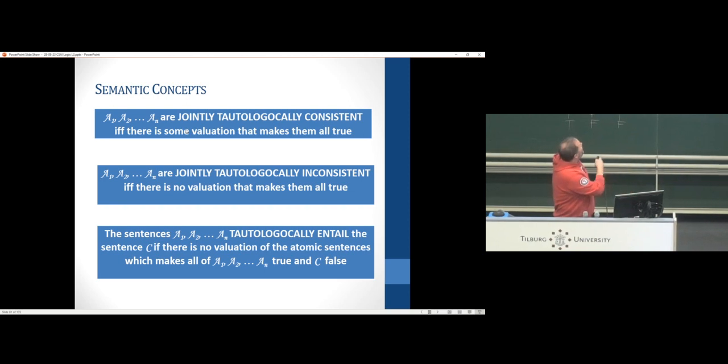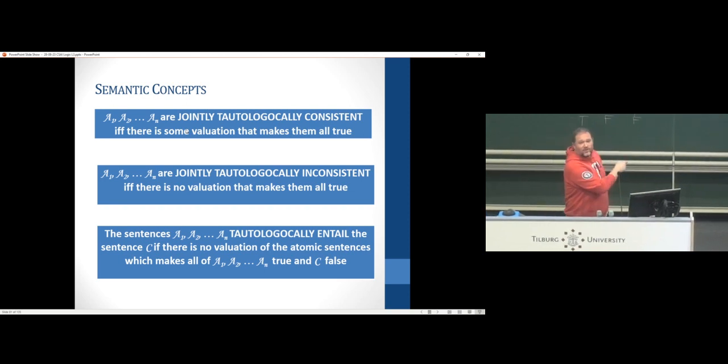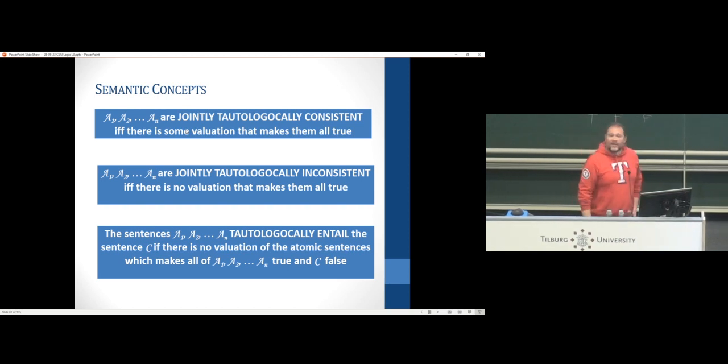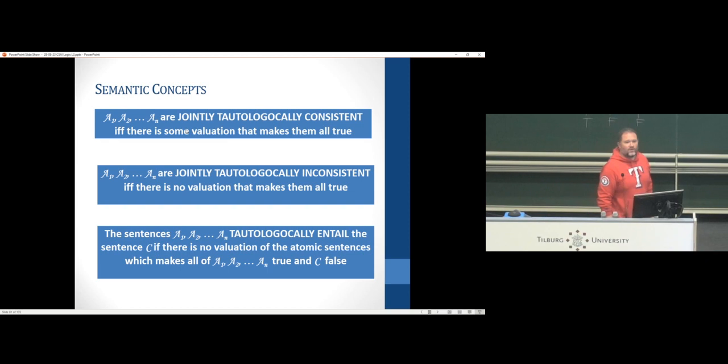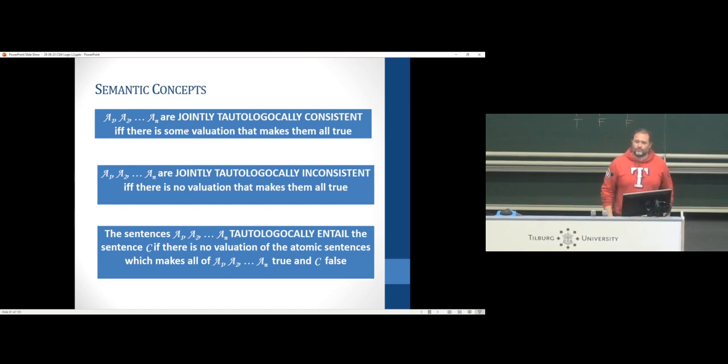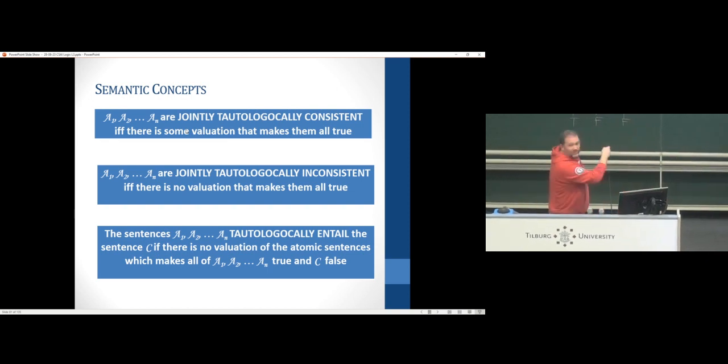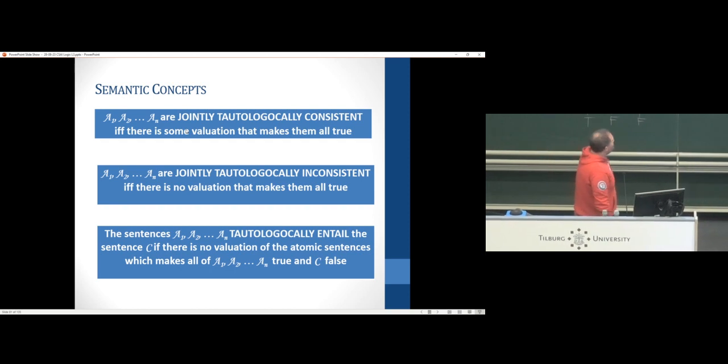So all you need is one line on the table where they're all true, and you need it to be such that there are no lines on the table at all where they are all true.